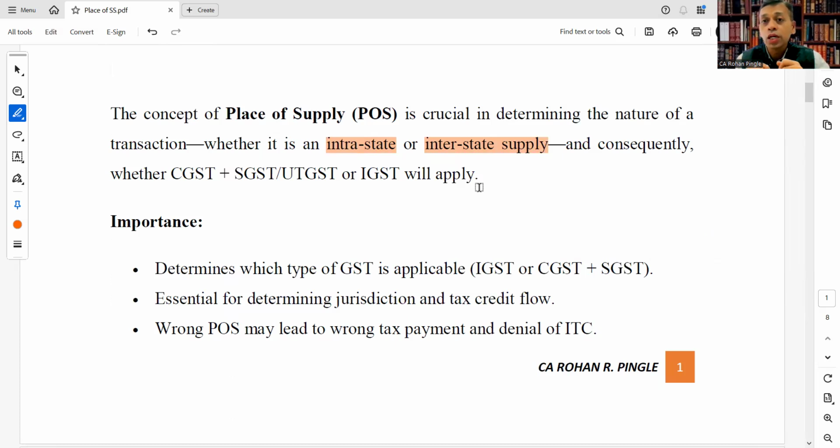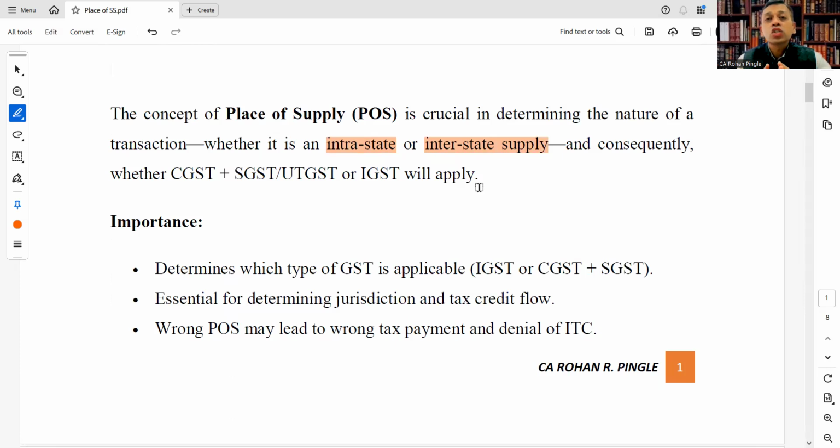It is crucial in determining the nature of transaction, whether it is intrastate or interstate supply, and consequently whether CGST plus SGST or UTGST or IGST will apply. Correct?